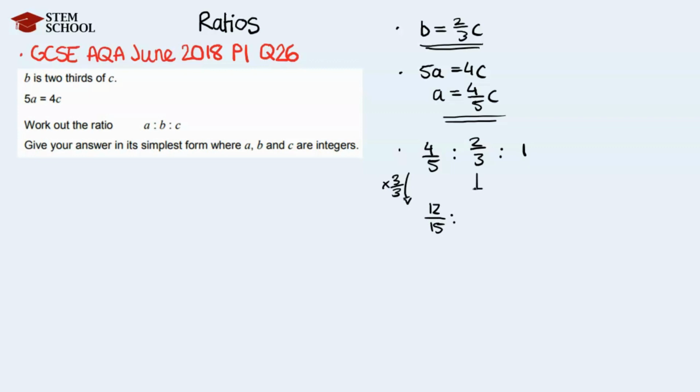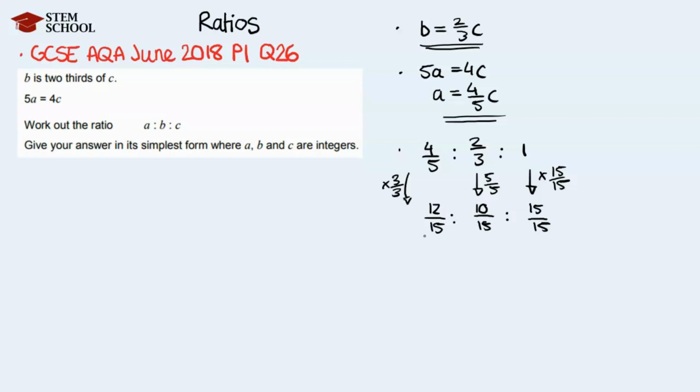Now for 2/3, to get a common denominator of 15, you'd have to multiply it by 5/5 to get 15 on the denominator, and what we'll get is 10/15. Then for 1, all you have to do is multiply by 15/15 to get a common denominator of 15. So what you'll get is 15/15.